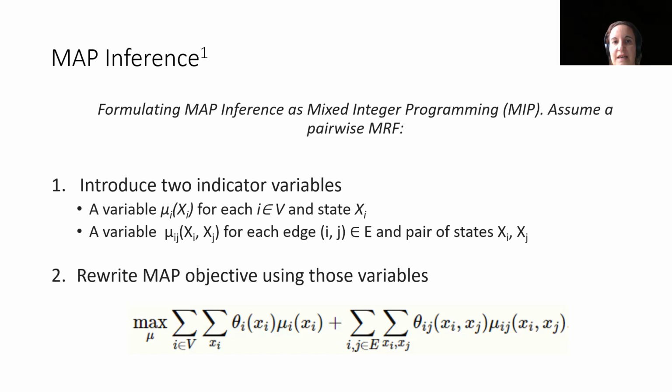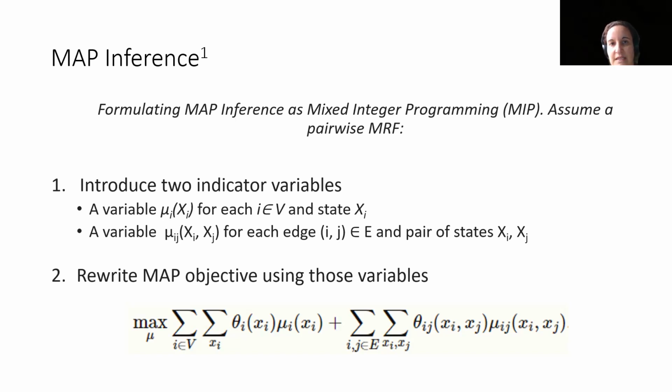The probability distribution is defined only between either single nodes or pairs of nodes, so only between nodes or edges of nodes. So for every edge, we introduce another indicator variable, which is for every pair of states of xi and xj, a variable mij.